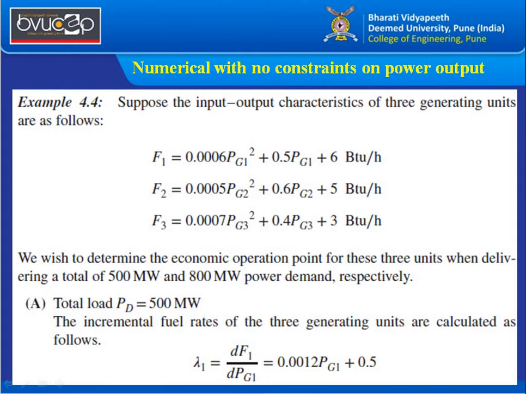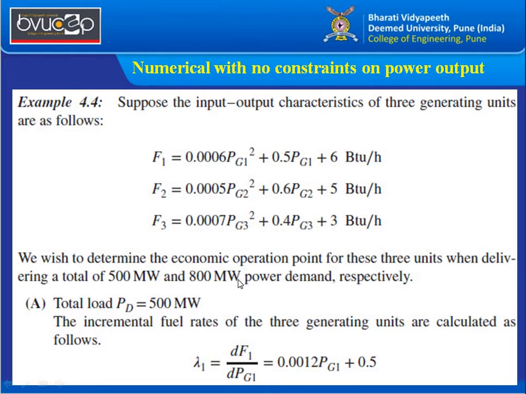So at the same time these three generators contribute towards the two demands, 500 megawatt and 800 megawatt. Let us go one by one. I have divided it into two parts, part A and B. Part A is going to be the demand for 500 megawatt and part B the demand for 800 megawatt.